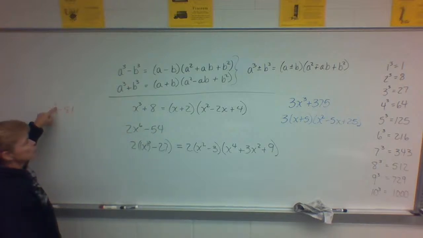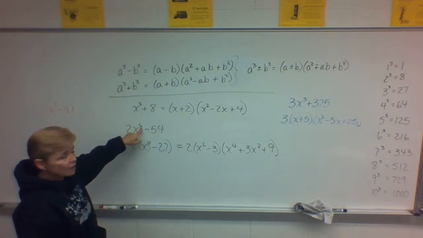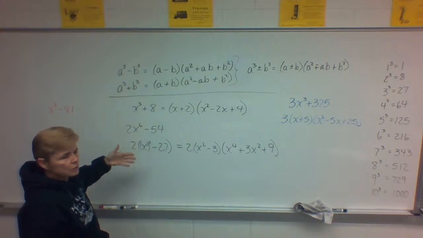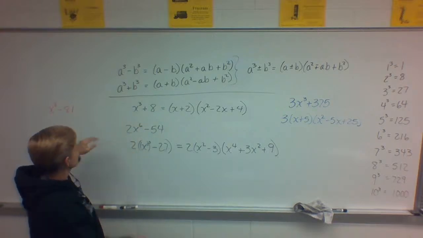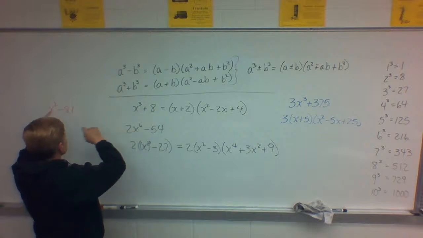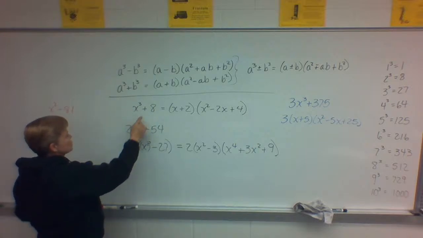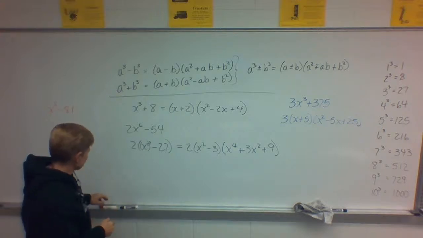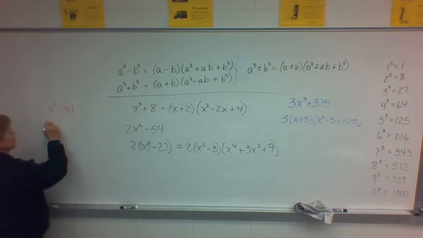If that is a multiple of 2, perhaps it's a difference of 2 squares. But if it's a multiple of 3, probably a sum or difference of cubes. If it has 2 terms, it'll be one of these situations, either a difference of squares or a sum or difference of cubes. And you have to remember both sets of skills. Like, for example, this one factors into a conjugate pair. We deal with squares, not cubes.